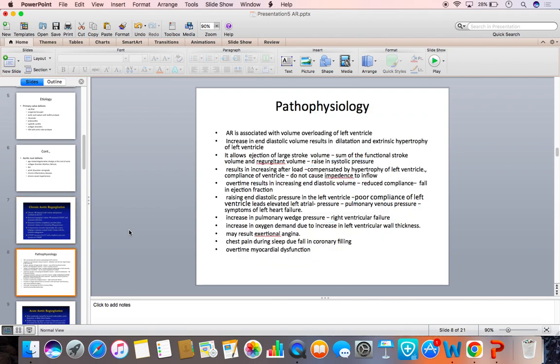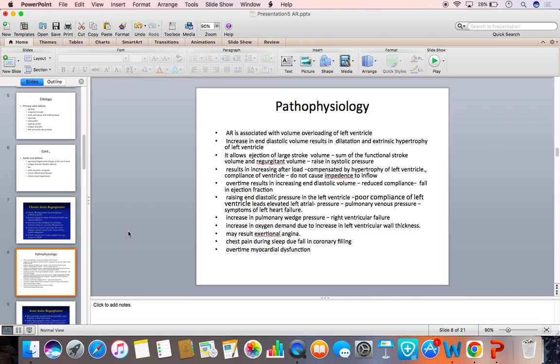To repeat, aortic regurgitation is associated with volume overloading of the left ventricle. Increase in end diastolic volume results in dilatation and eccentric hypertrophy of the left ventricle, so it allows the ejection of a large stroke volume. What is that large stroke volume?